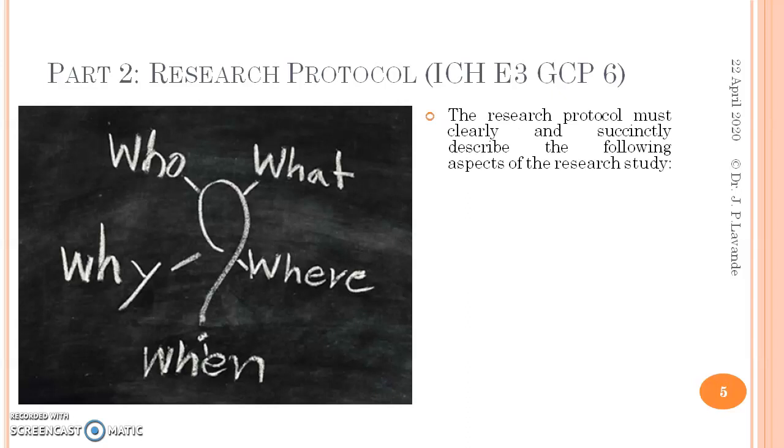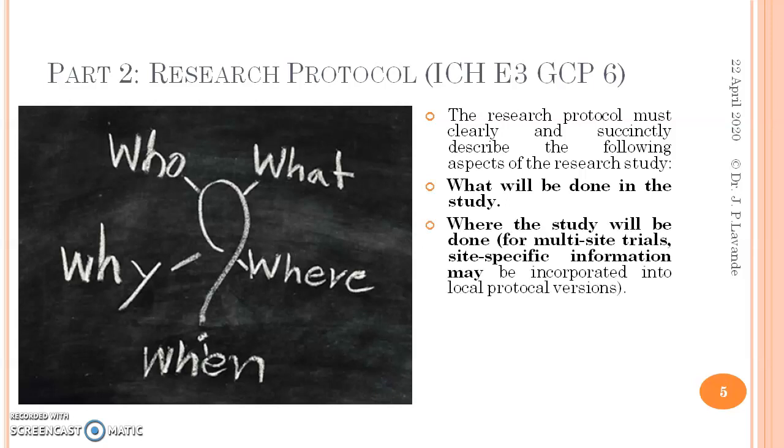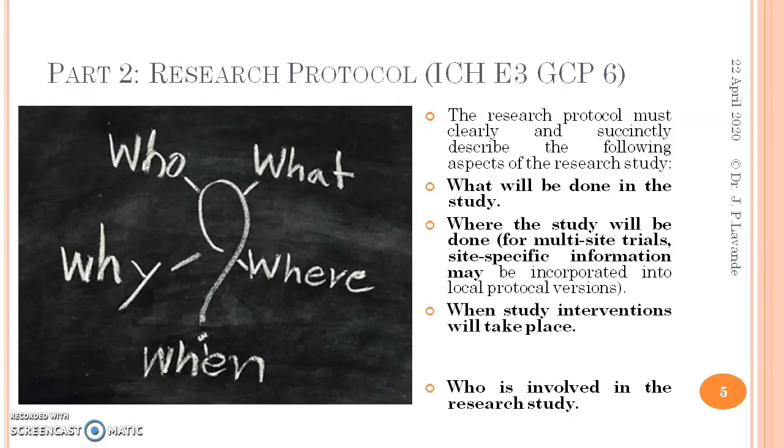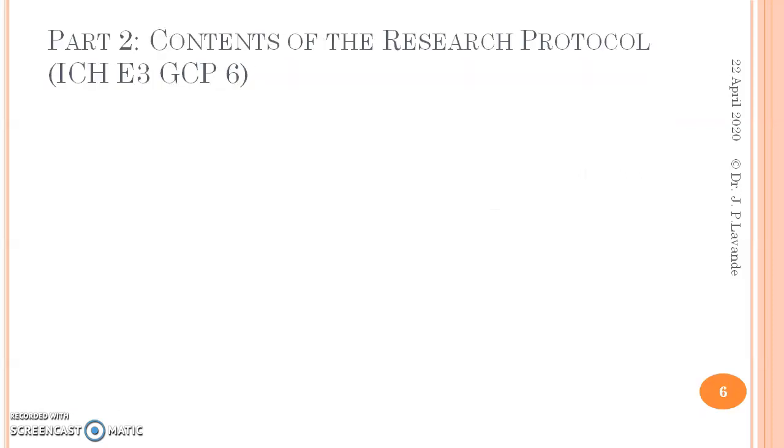The research protocol must clearly and succinctly describe the following aspects of the research study: what will be done in the study, where the study will be done. For multi-site trials, site-specific information may be incorporated into local protocol versions. Who is involved in the research study, when study interventions will take place, and why the study is being done.